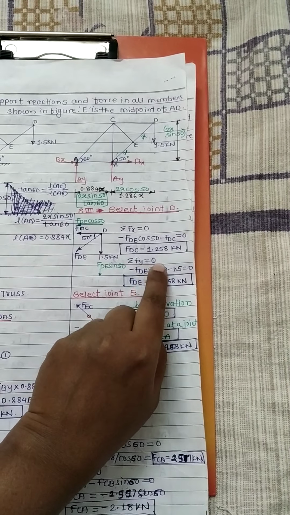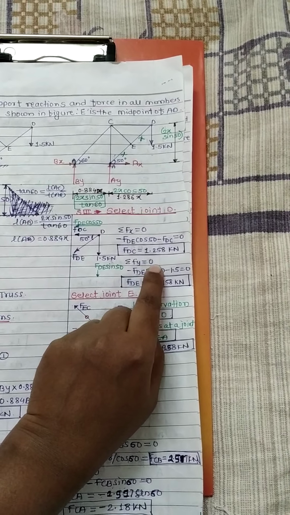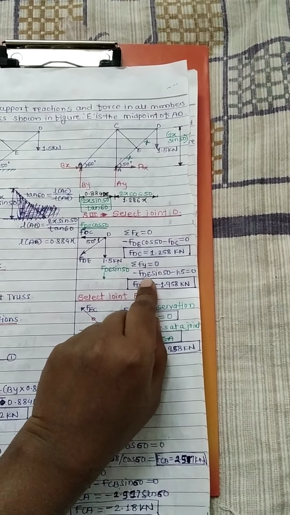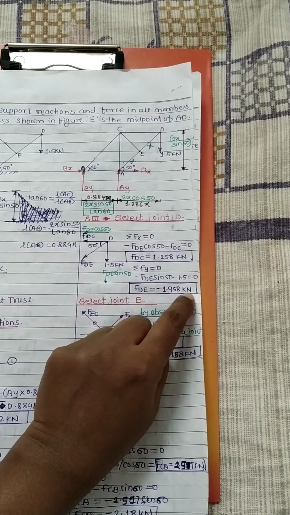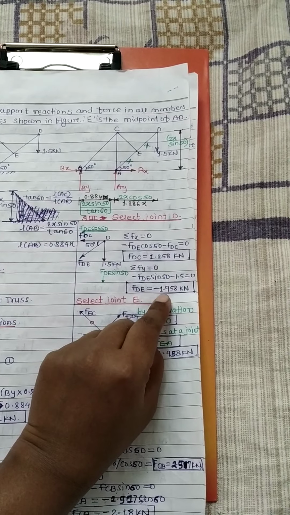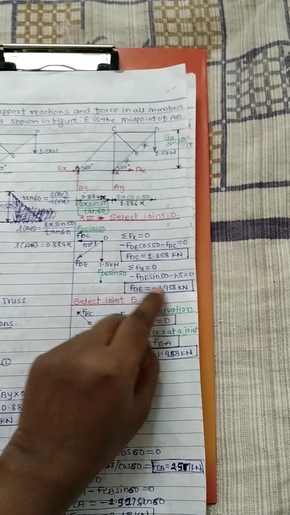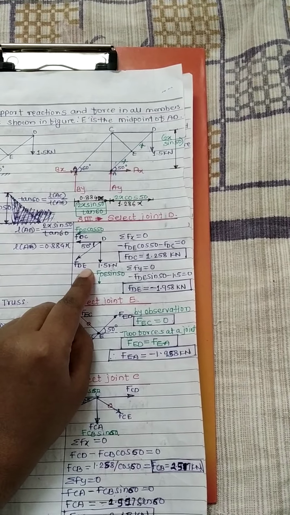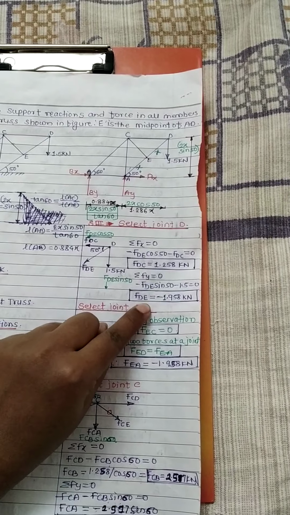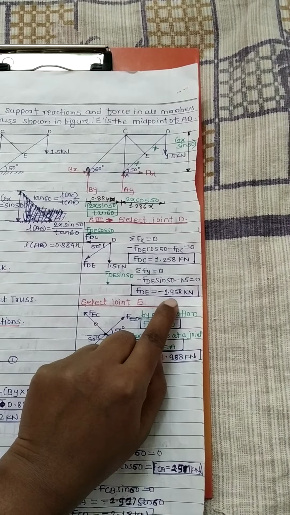I have applied the summation Fy condition at this point first. So I got the FDE magnitude as minus 1.958 kilonewton. Minus sign indicates that the assumption I initially made, that the member is in tension, is wrong. So the answer comes as minus, which means it is compression.